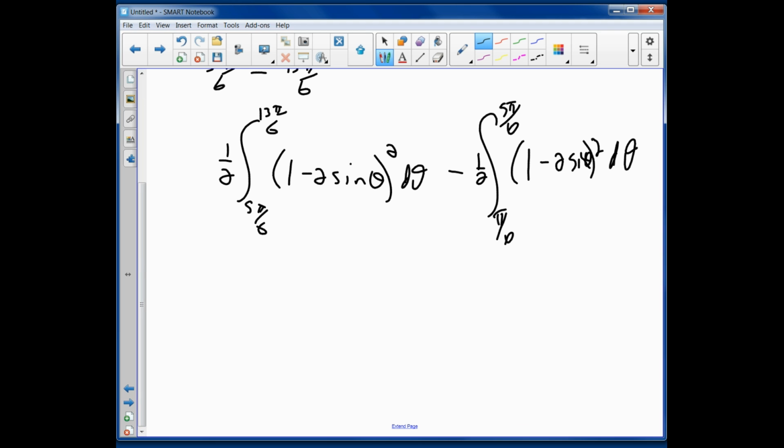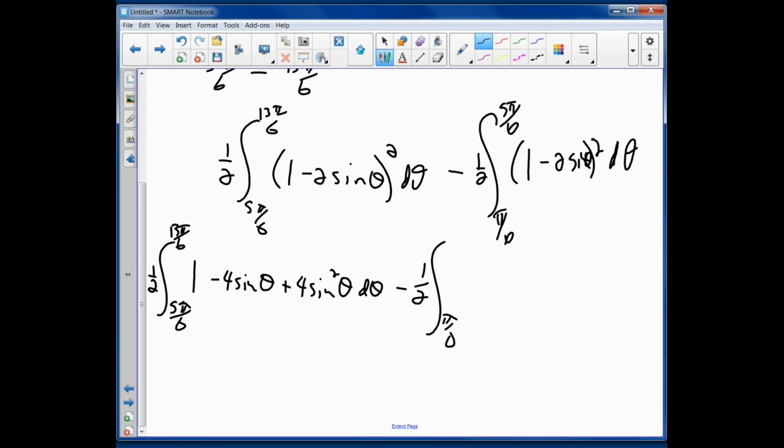Square the first, double the product, square the last, d theta. Same thing here. So that's 1 minus 4 sine theta plus 4 sine squared theta, d theta.